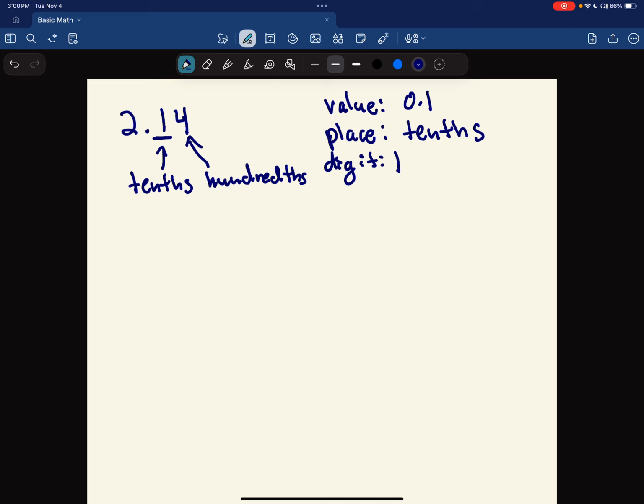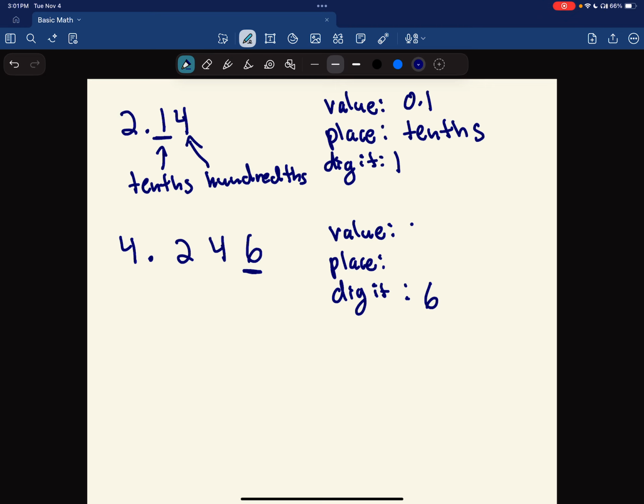Let's look at another number. Right, so we have 4 and 246 thousandths. And let's say I underline the 6. And I ask you, what is the place and value of the underlined digit? So the digit here is 6.